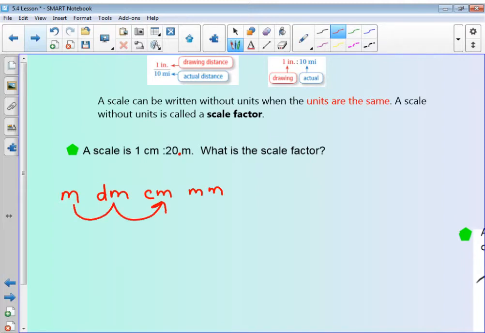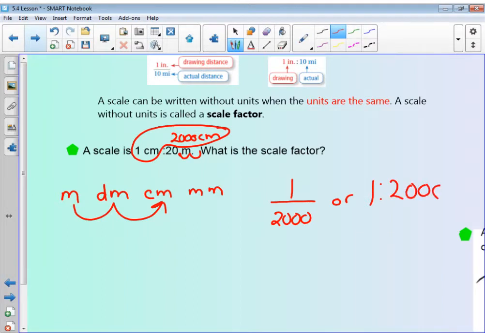So my decimal right now there. So 2 places is going to be 2,000 centimeters. So now I have these in the same unit. So my scale factor would be 1 over 2,000. Or you could write it out like this, 1 to 2,000. I know usually this is the way I've seen it whenever they've done a scale factor, with the colon versus in the fraction format.